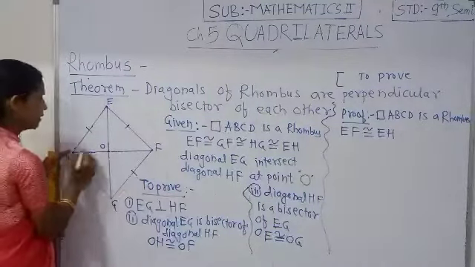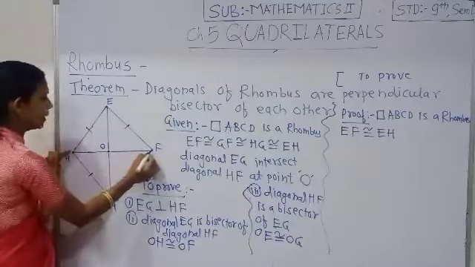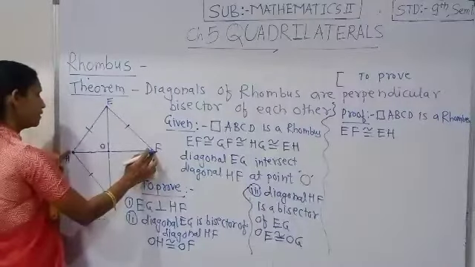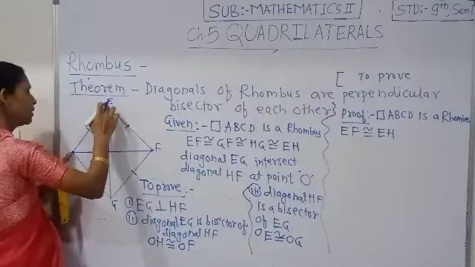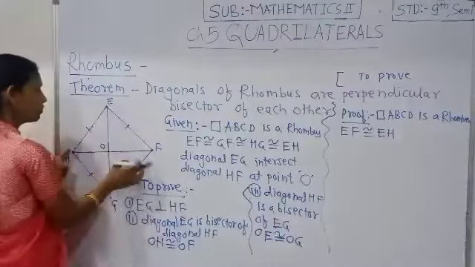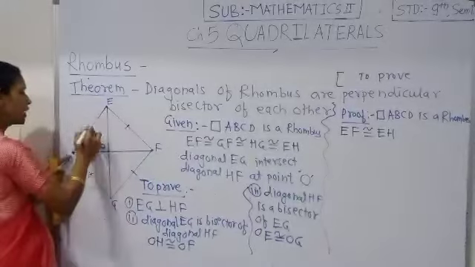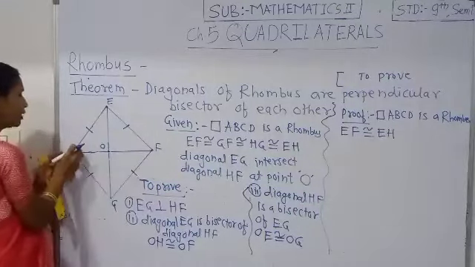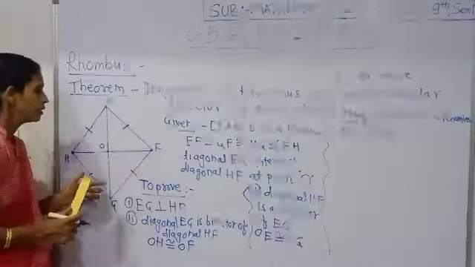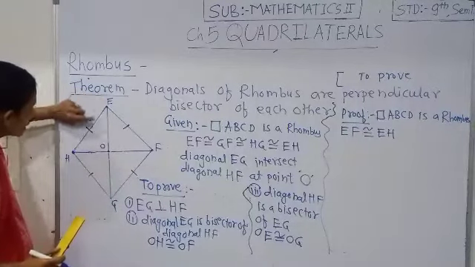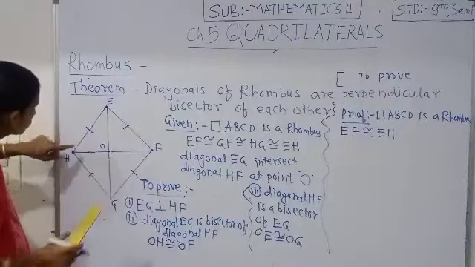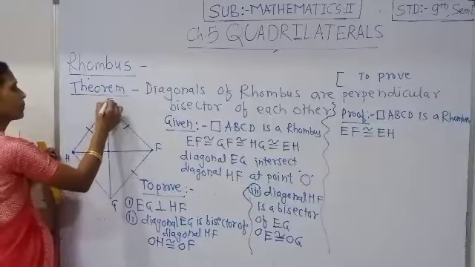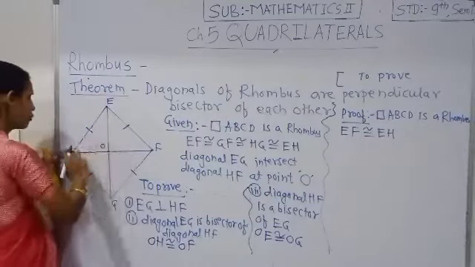That is, see here, HF is a segment of which point H and point F are the endpoints, and here as EH and EF are congruent, that means E is a point which is at equal distance from the endpoints of HF, and the point which is equidistant from the endpoints of a segment is always present on the perpendicular bisector of that segment.